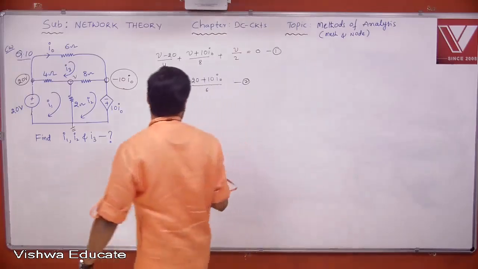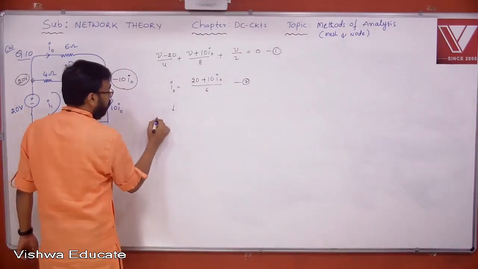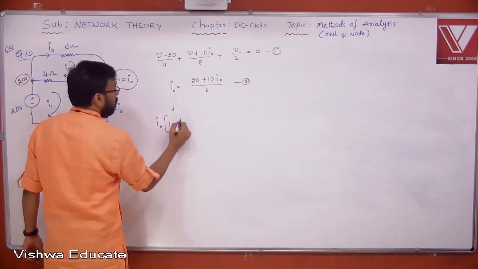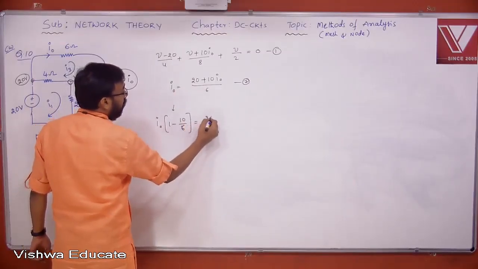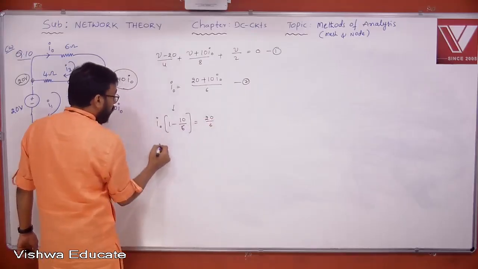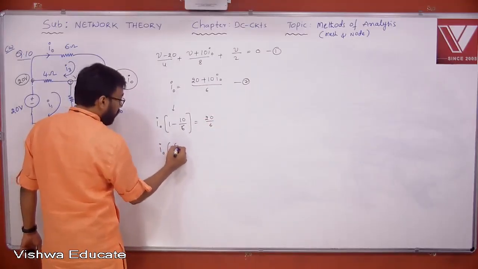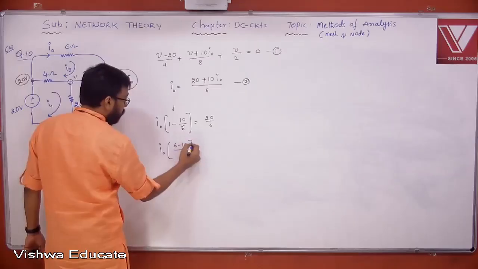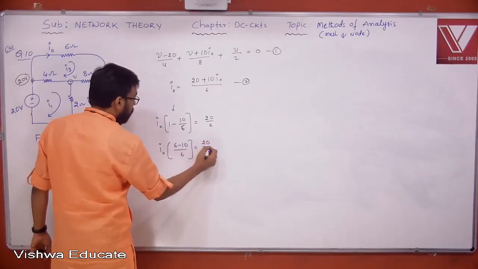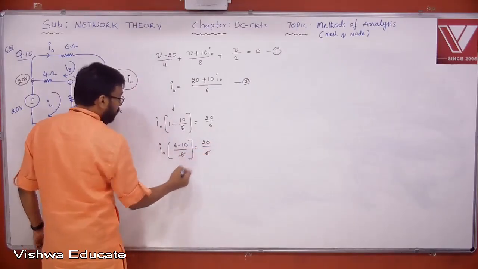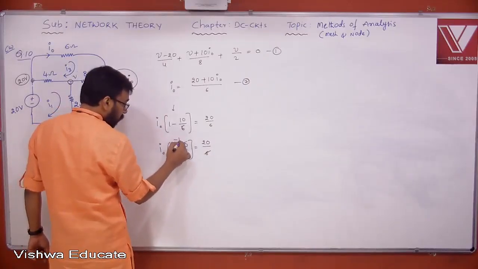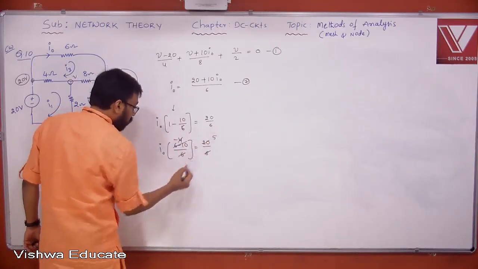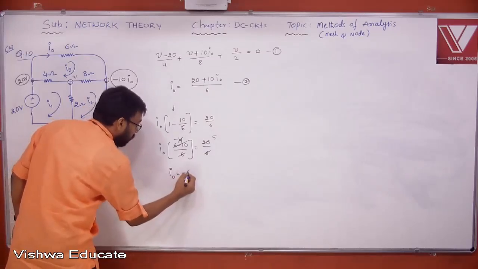So let's find this I naught here. So what do you get here? I naught, 1 minus 10 by 6, right? If I take common, 20 by 6. I naught times 6 minus 10 by 6 equals 20 by 6. Cancel. And this is actually 4 minus 4. So I naught will become what? Minus 5 ampere.